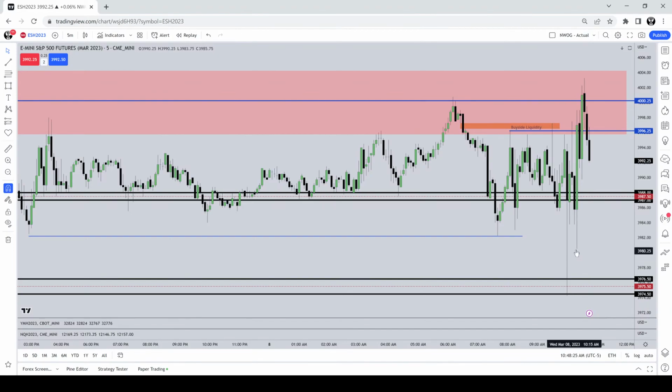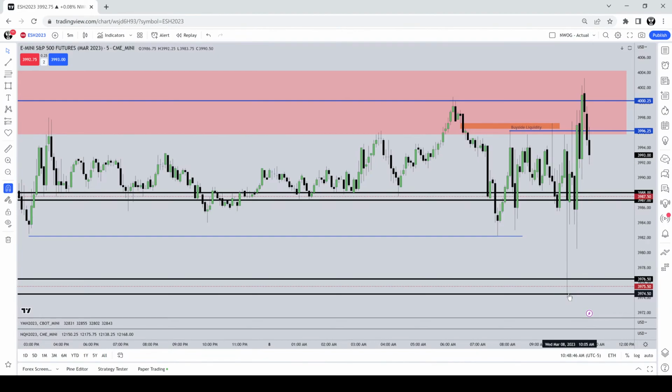Taking your attention to that level right there, this failure swing, you can now anticipate them if you have the backdrop, the foundation behind it, that we've already gone below these lows for sell side, and it went to a level that would be expected. Think about what's going on here.